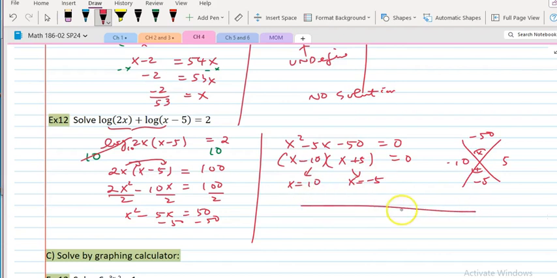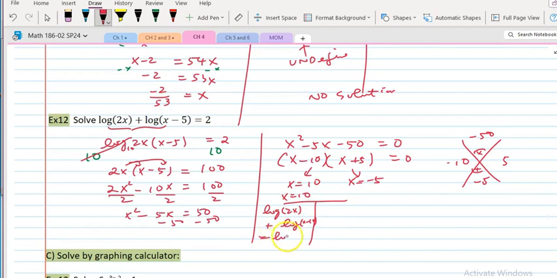But I need to check the answer, because I have 2 to check. So I'm going to write check answer on this side. x is equal to 10. I have to do log 2x plus log x minus 5.